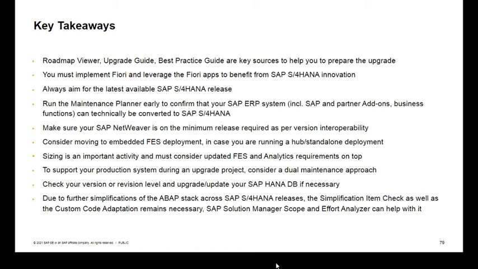You should revisit your sizing to make sure the system is sufficiently capable of the capacity that it requires for your new scenarios. And you might require dual maintenance, depending on how long you can live with your development environment, if it has been upgraded already. Also revise the HANA database revision, maybe upgrade that accordingly. And also make sure you run the simplification item check and custom code adaptation again.